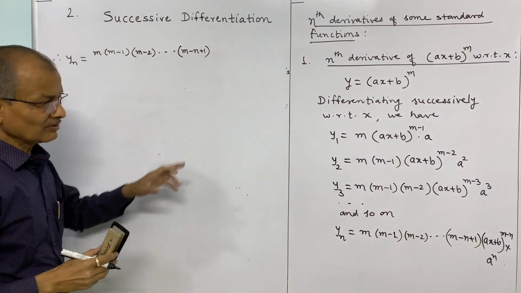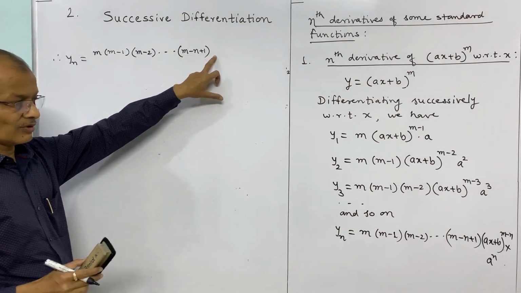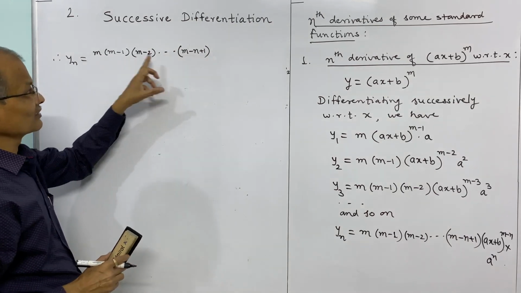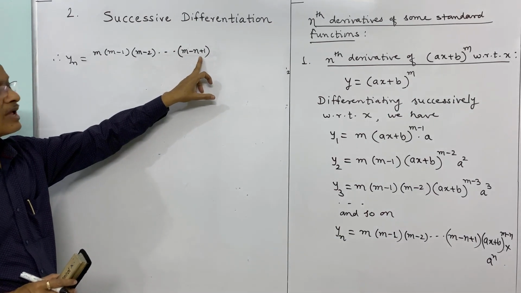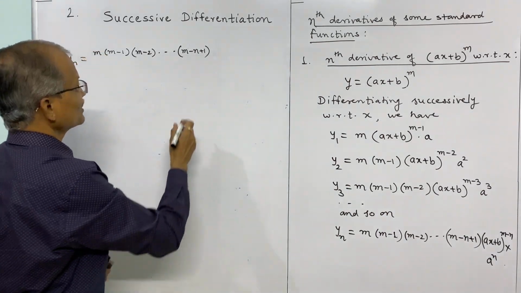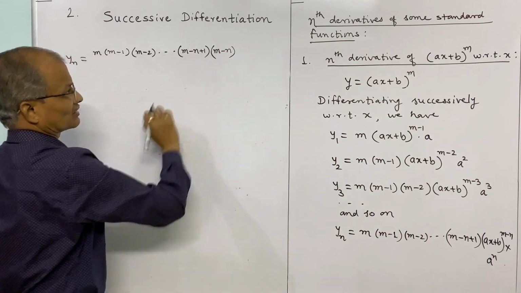Now I shall continue that product. What will be the next? The term is decreasing by 1, so the next will be m minus n, and we will continue that up to 1.